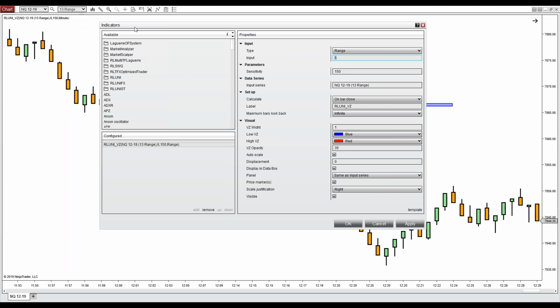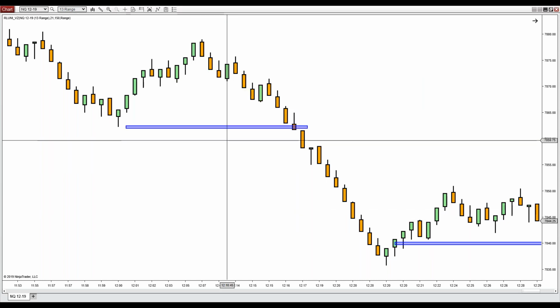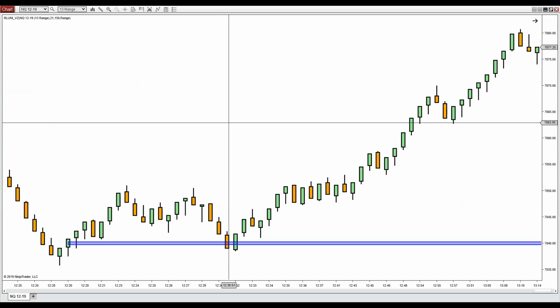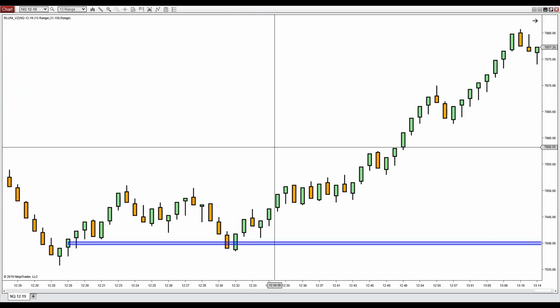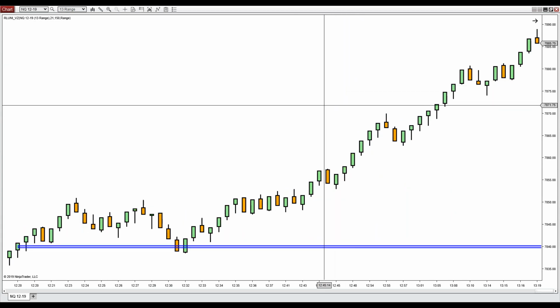Now 13, next higher fib number is 21 range, and put it in. And here are now your new relevant areas of support and resistance based on a 13 range multi-time frame assessment.